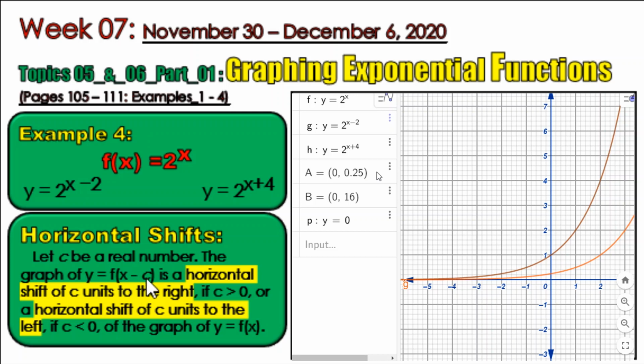If our c is positive 2, we have x minus positive 2, which is x minus 2. In this case, the value of c is positive 2, which is greater than 0, so we have a horizontal shift of c units to the right.